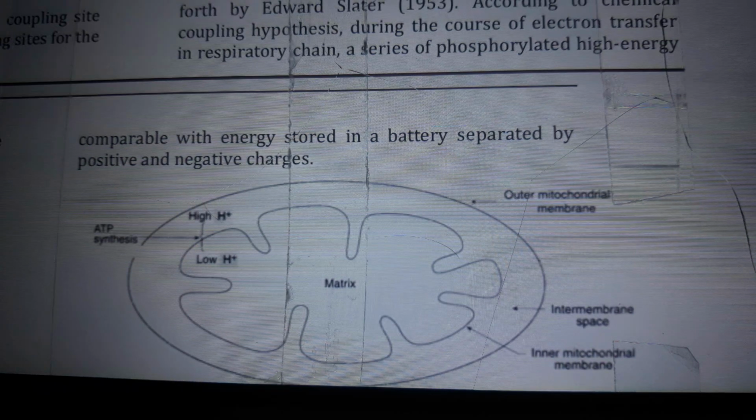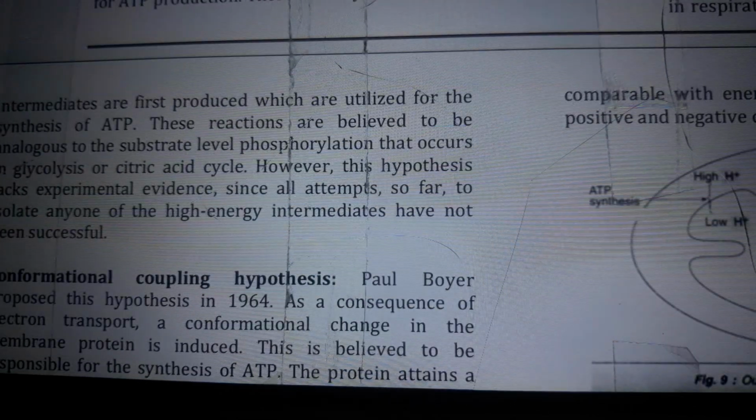According to it, during the course of electron transfer in the respiratory chain, a series of phosphorylated high-energy intermediates are first produced, which are utilized for the synthesis of ATP. These reactions are believed to be analogous to the substrate-level phosphorylation that occurs in glycolysis or the citric acid cycle. However, this hypothesis lacks experimental evidence, since all attempts so far to isolate any one of the high-energy intermediates have not been successful.